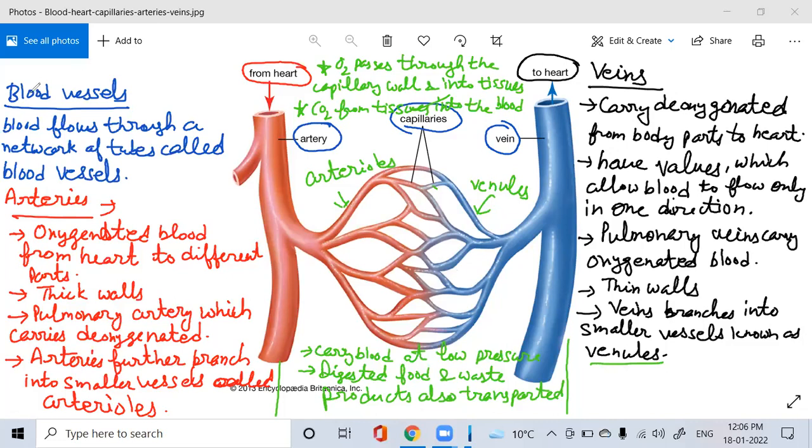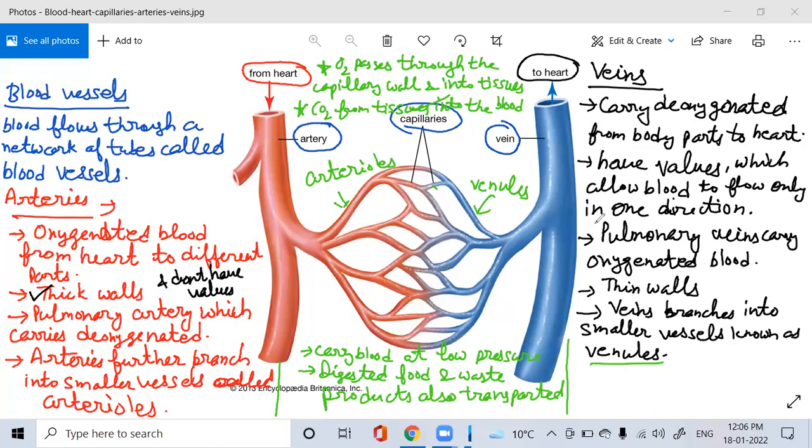From here, dear children, if I talk about structure, what I can include is thick walls, right? They are thick, strong, elastic walls because blood flowing inside them is at high pressure, right? And they do not have valves, because valves are present in veins, right?